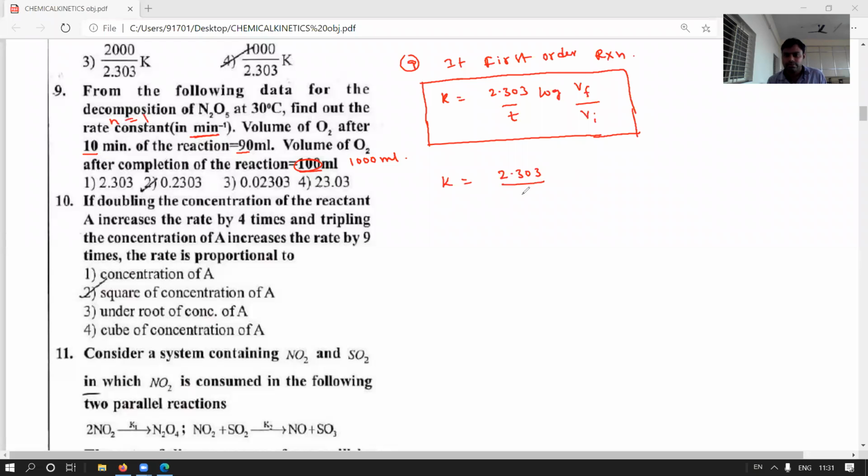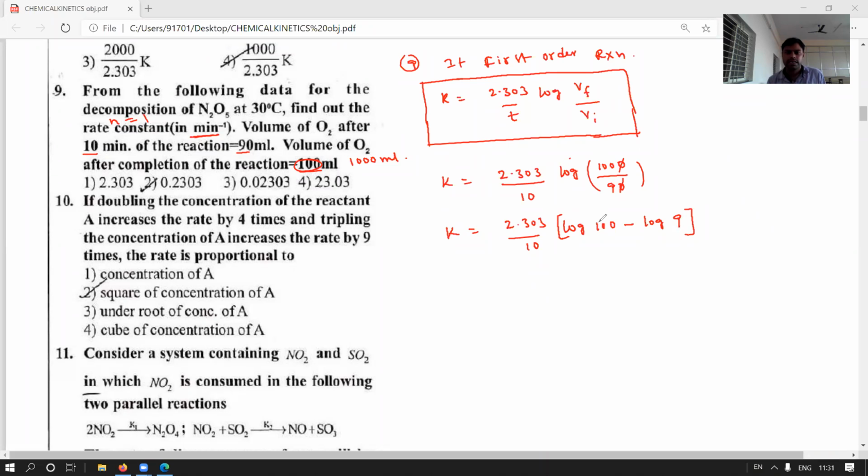Then by 10 into log of 1000 ml by 90 ml. Then K is equal to 2.303 by 10 into log 100 minus log 9.